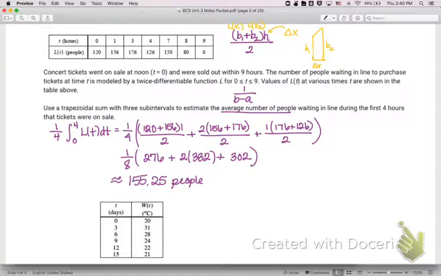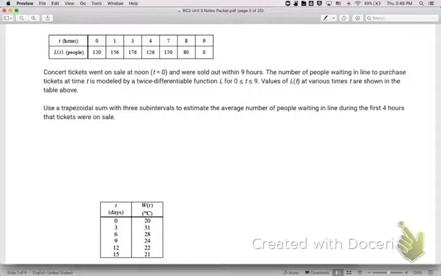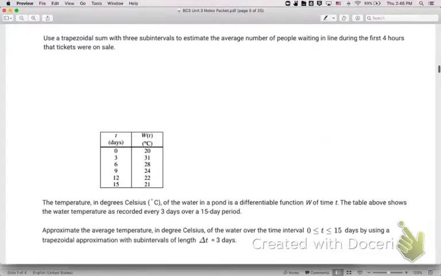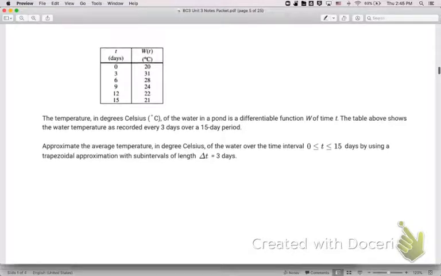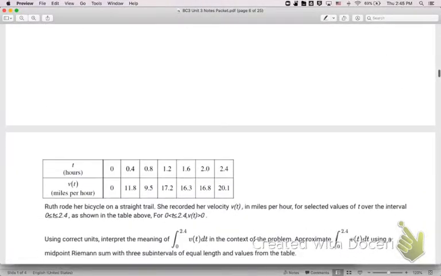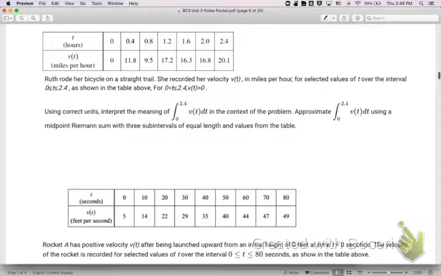Okay. So I'm not going to work through all of the rest of these because I think we can probably remember well enough how to do this. But let's just remember this next one is also trapezoidal. This one here asks you to use a midpoint Riemann sum. So this wants the integral from 0 to 2.4 of a midpoint Riemann sum with 3 subintervals of equal length.